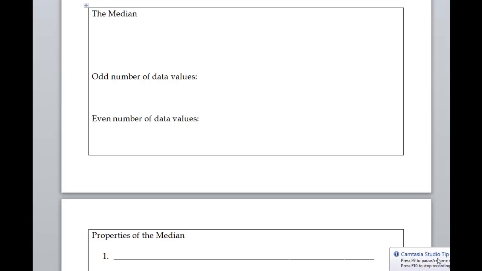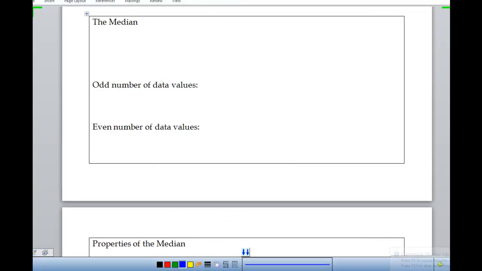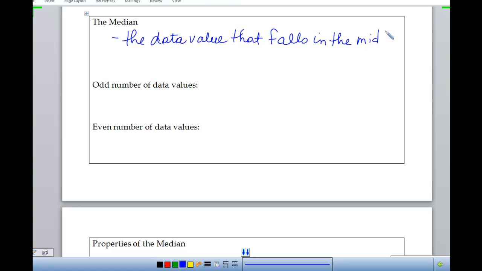The median is the data value that is in the middle of our arranged data values.